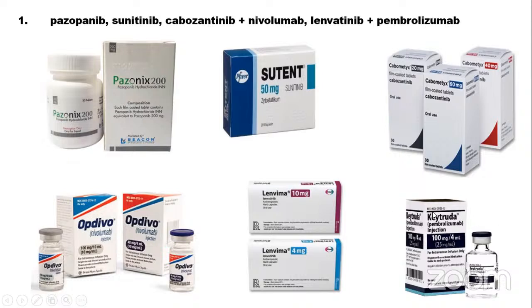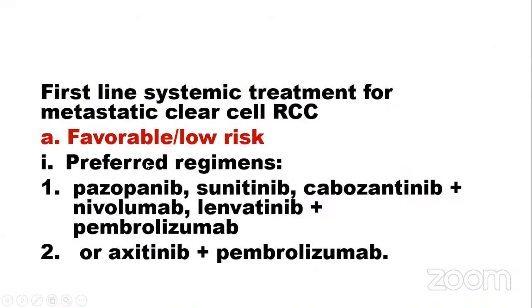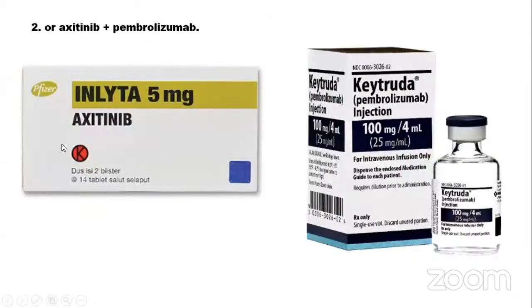Both groups are a first option for patients with metastatic clear cell carcinoma. The second option is axitinib and pembrolizumab. Axitinib is available in 5 milligram and 10 milligram, and pembrolizumab is available in 100 milligram.